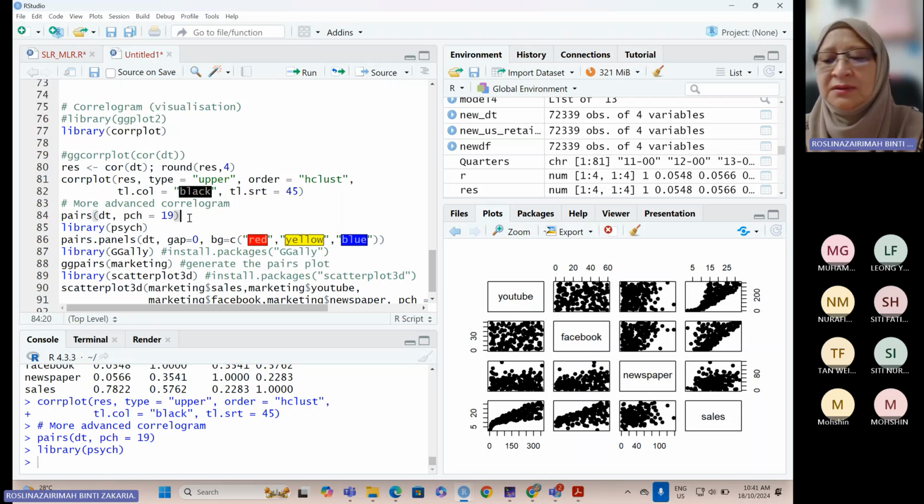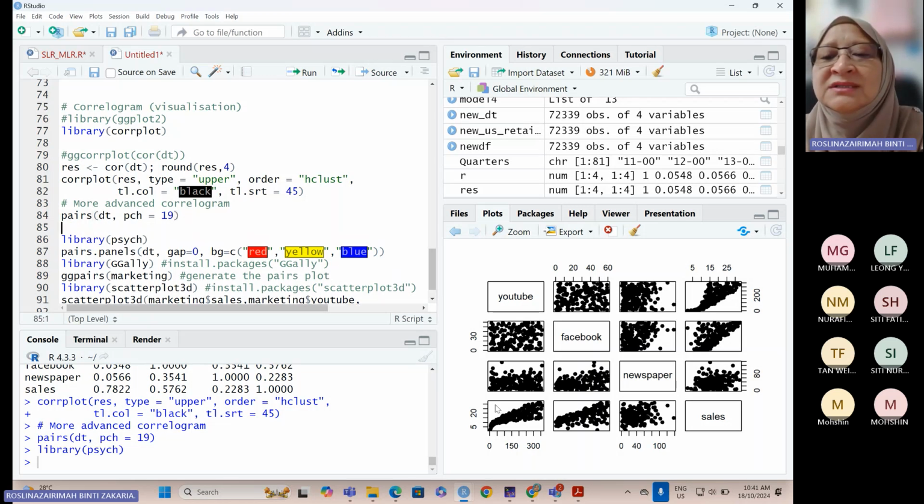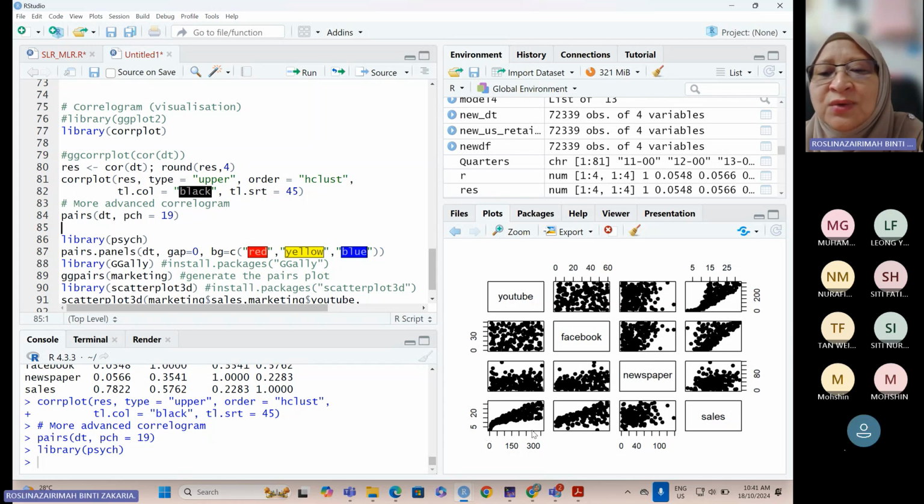Okay, more plot. So this one you can see in one go: YouTube, Facebook, newspaper and sales. We want the ones with a trend. Sales and YouTube, you can see there is a good trend there, an increasing trend. When sales is increasing, so has the YouTube.